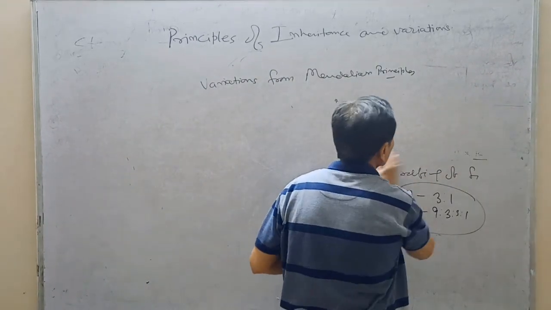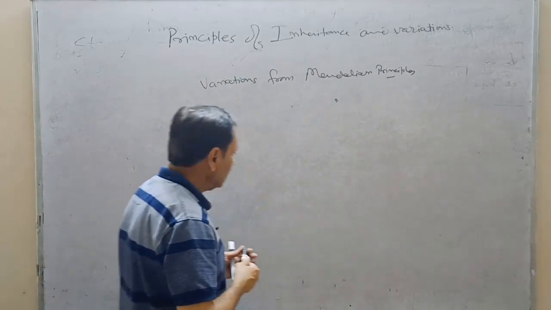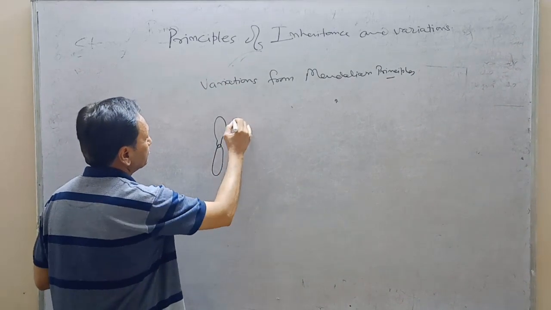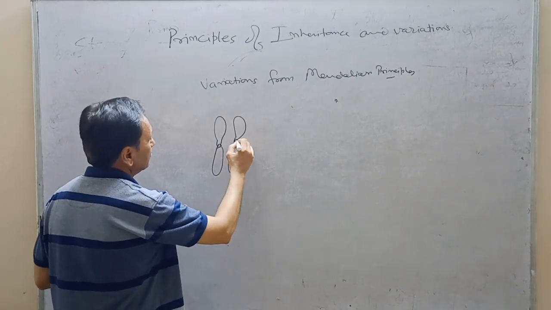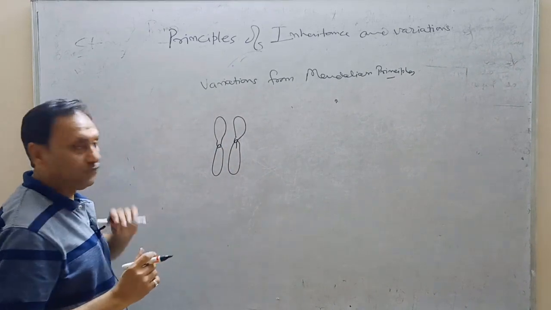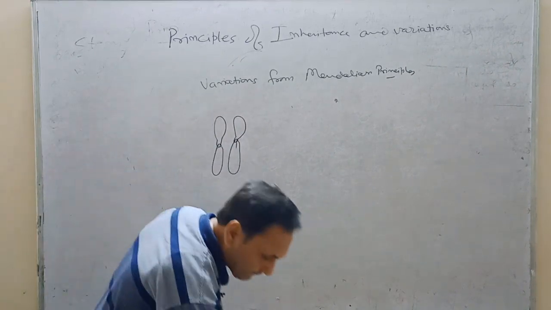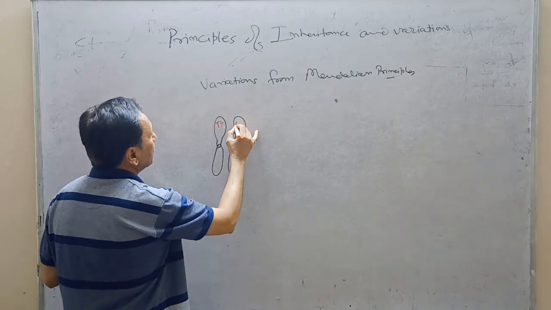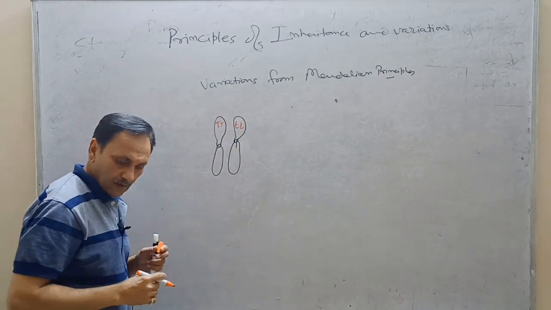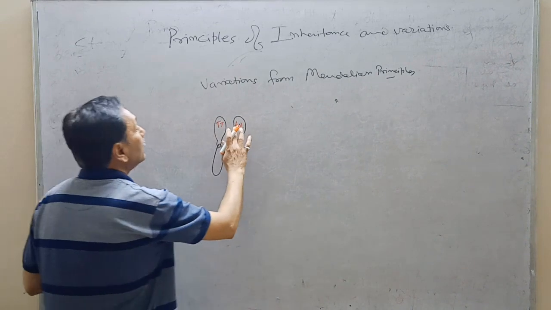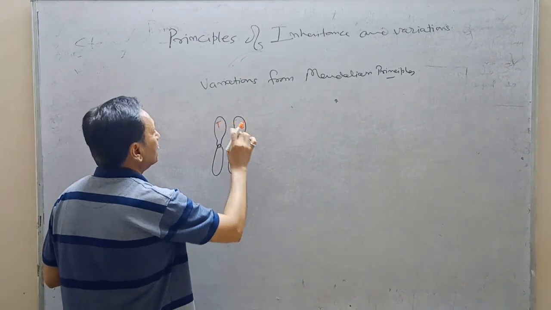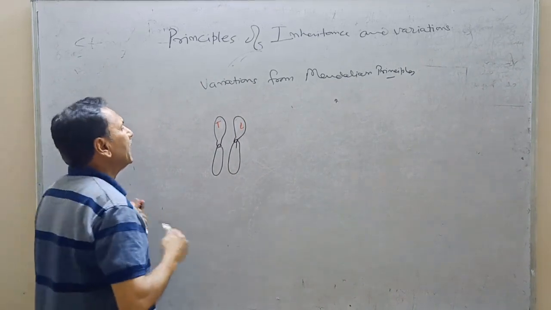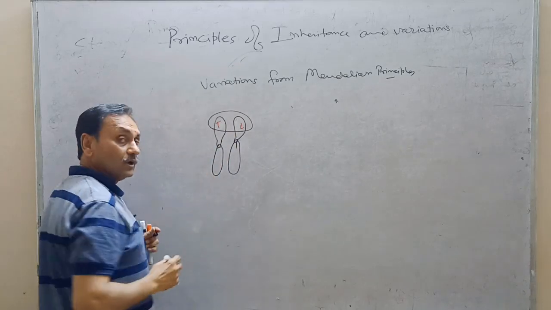Now, first of all, you must know that suppose this one is a pair of chromosomes, and the factors present on this are called loci.